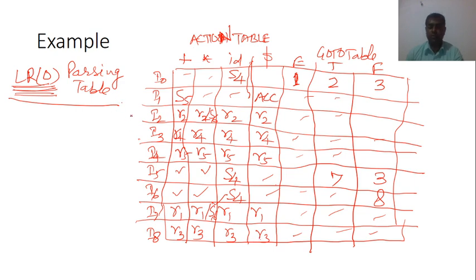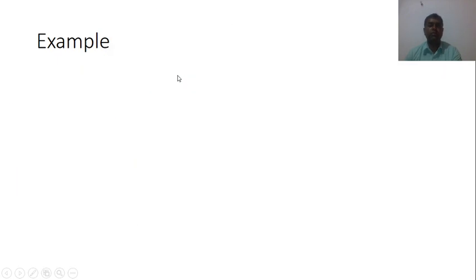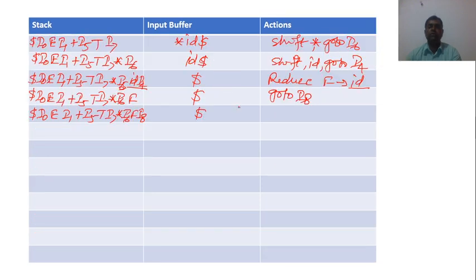What is our third production in the grammar? T rises to T * F, reduced by T rises to T * F. How many symbols are here on the right side? 3. 3 multiplied by 2, that means we have to pop 6 symbols. 2, 4, 6, these 6.